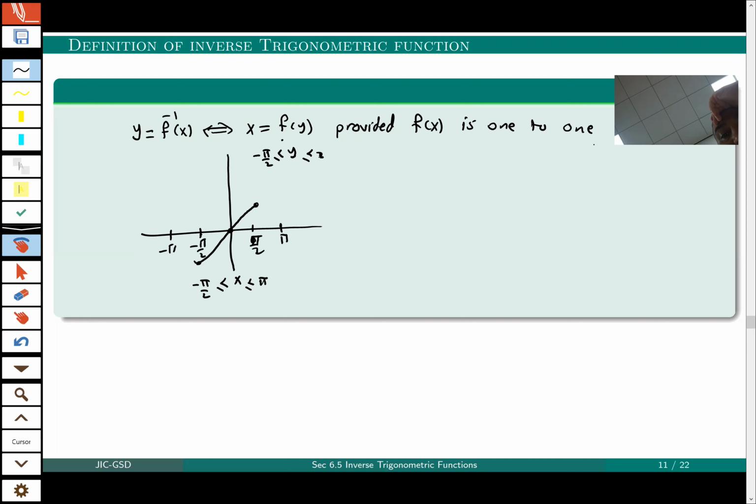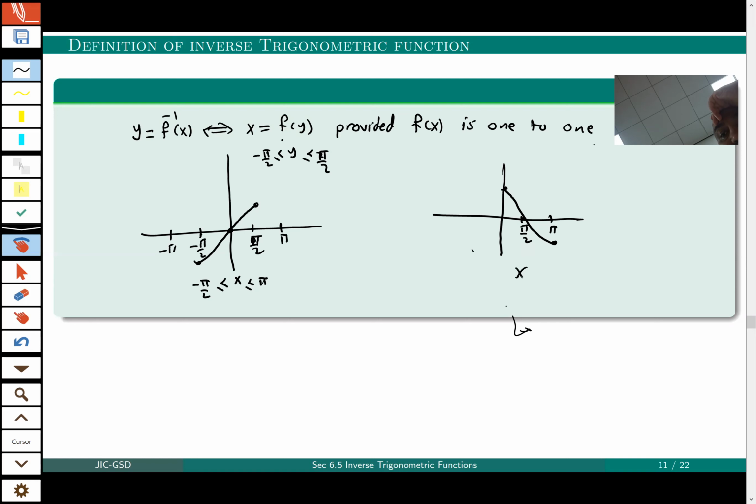That's the restriction. Similarly for the cosine function, to restrict it, we take this part: at 0 it was 1, then 0 at pi over 2, then minus 1. So we will take only this part of the graph.